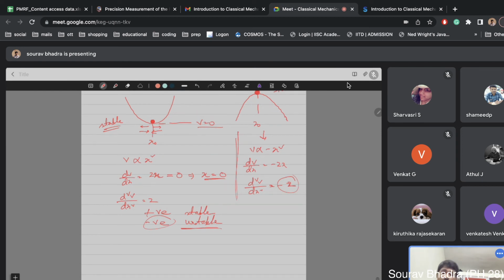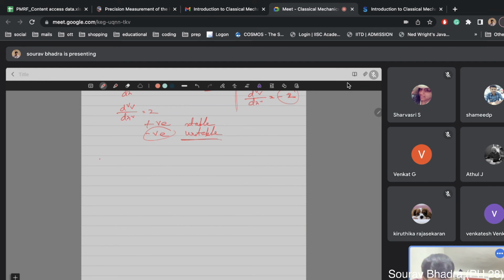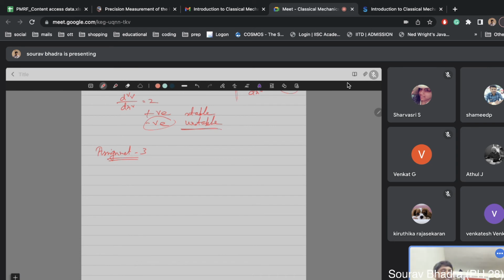But now let us do some problem which is related to your assignment. Although I am writing assignment 3, it is not assignment 3, it is a related problem. As sir has already done, you know how to calculate the number of dependent or independent quantities in a particular matrix.